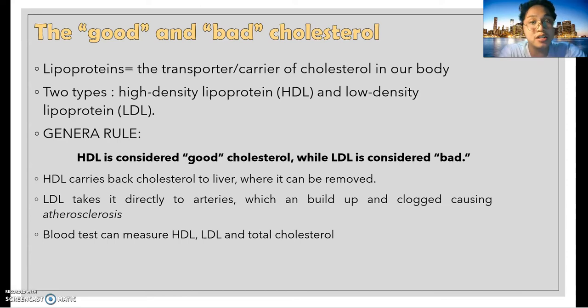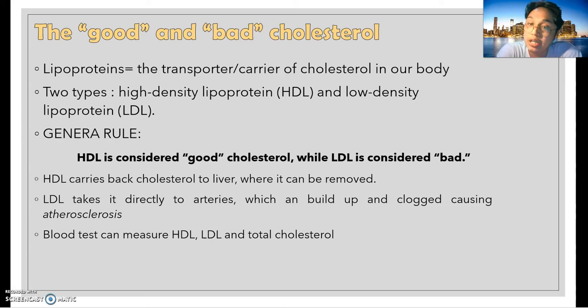It's a messenger that delivers cholesterol because our body needs it. There are two types: the high-density lipoprotein or HDL, and the low-density lipoprotein or LDL. As a general rule, HDL is considered the good cholesterol while LDL is the bad cholesterol.